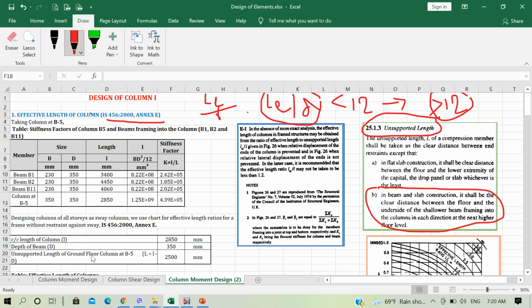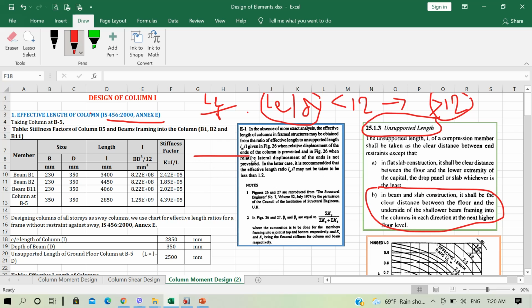So our unsupported length of the column will be the distance between the floor and the underside of the beam. Of which beam? Of the shallower beam framing into the columns in each direction at the next higher floor level.